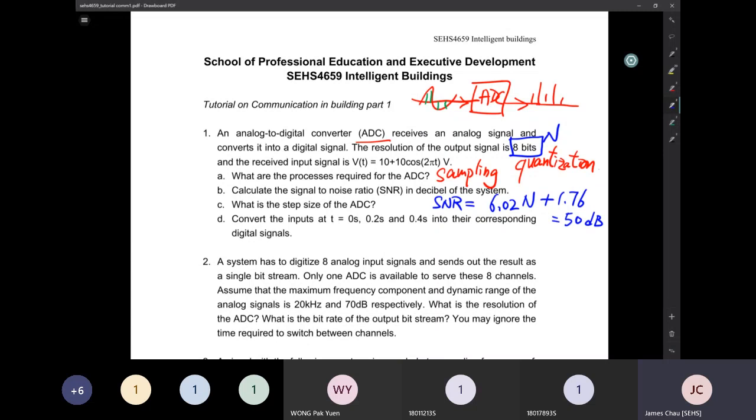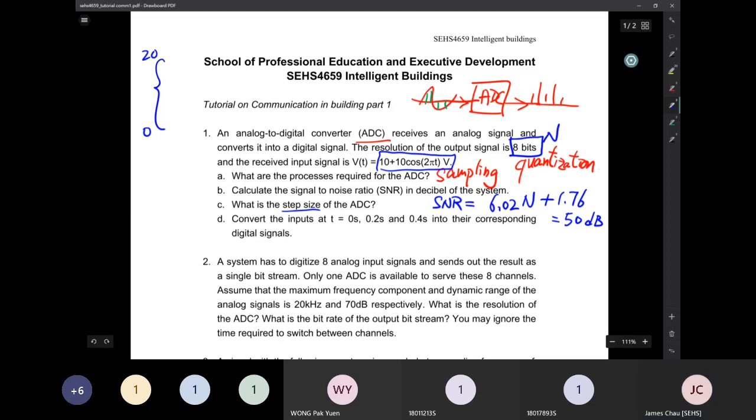Okay, now part C, we are going to find the step size of the ADC. Now in the lecture, we give you another formula to calculate the step size. Now the step size actually, it means for the analog input, it has a range. For example, in this example, the range of the analog input is from 0 to 20 volt.